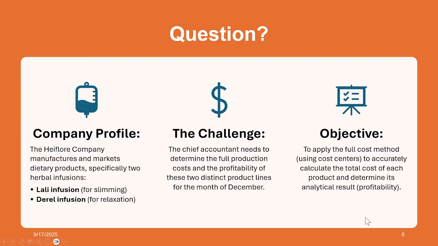In order to solve these questions, our objective is to apply the full cost method by using the cost centers to accurately calculate the total cost of each product and determine its analytical result, with profitability. So this is the first part, the introduction of this exercise. See you in the next one.